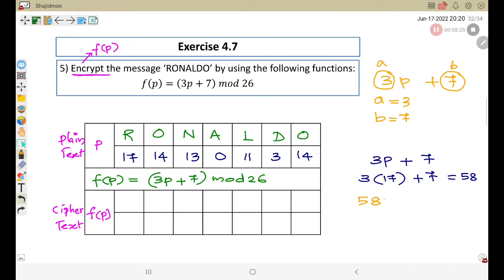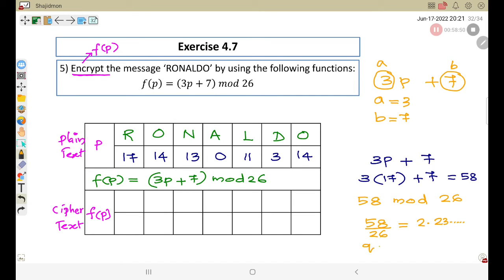Correct? Now 58, we need to take the mod. So 58 mod 26. Here we have a bigger number, so it is better to do the normal way, 58 divided by 26. The number will be 2.230 something, correct?